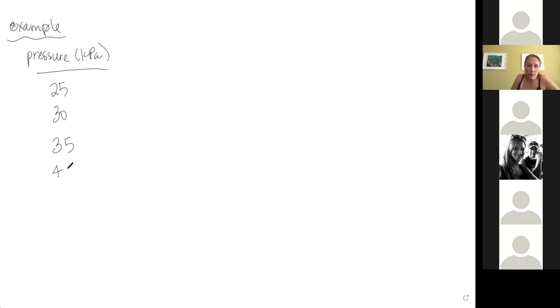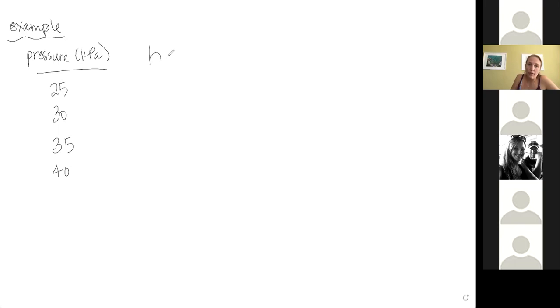So I want you guys to try this. Here's an example. This is similar to what we're going to start doing in a couple of weeks. So here we have pressure, which is in kilopascal. We have pressure at 25, 30, 35, and 40.